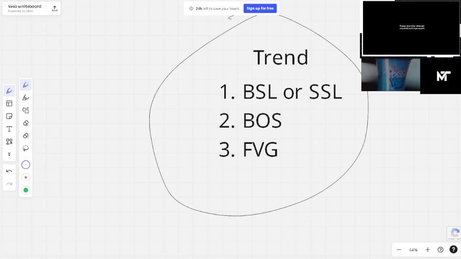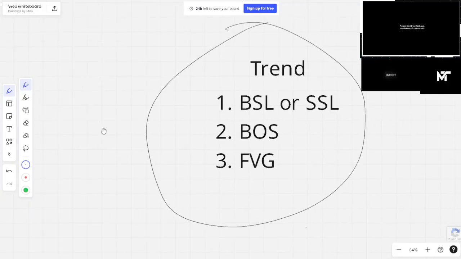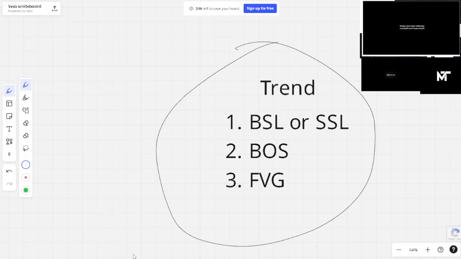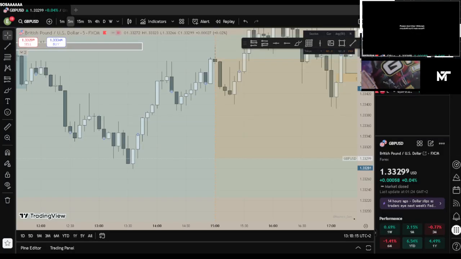Then I'll show you two examples of how the strategy actually works. Let's hop out to the markets now, so I can show you how we actually execute these strategies so that you can also jump in and absolutely destroy the markets.